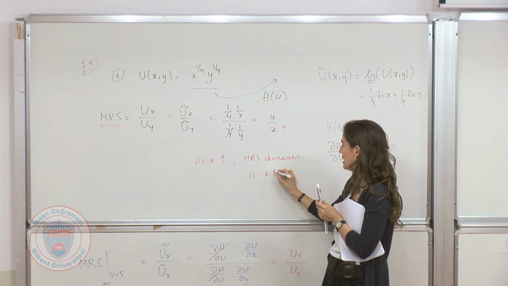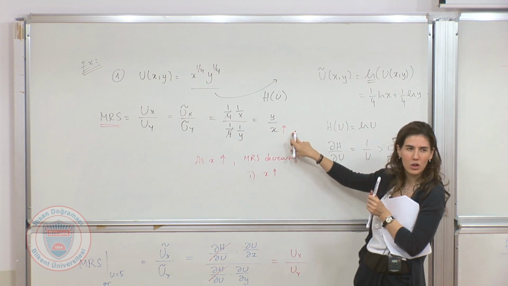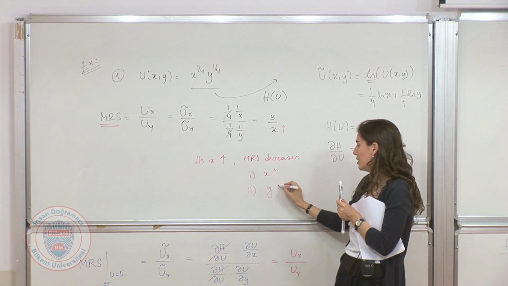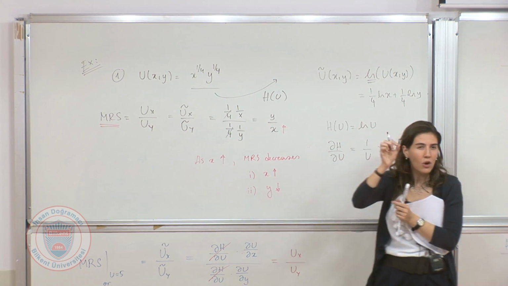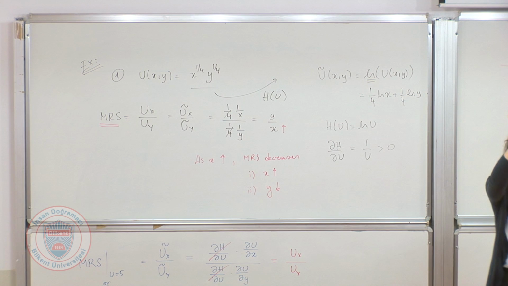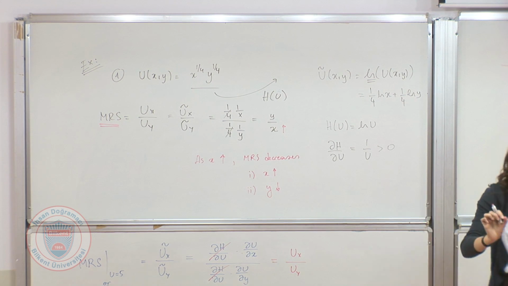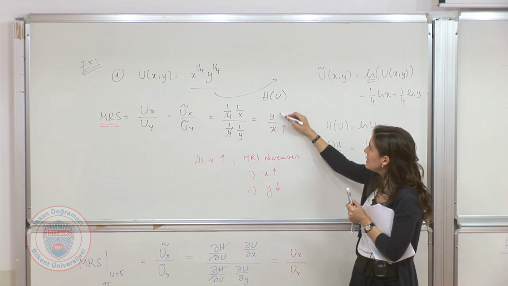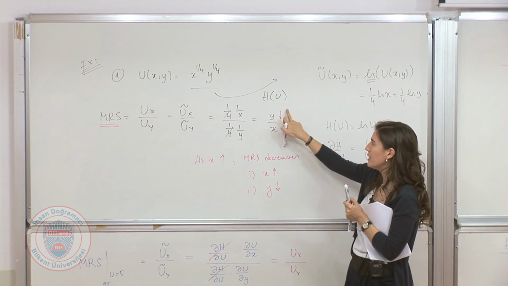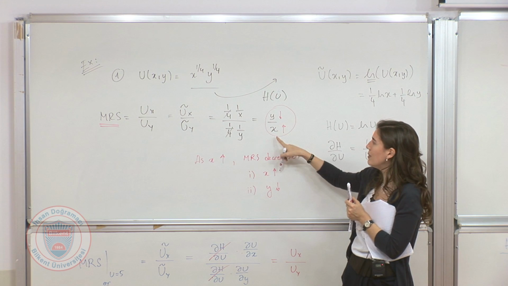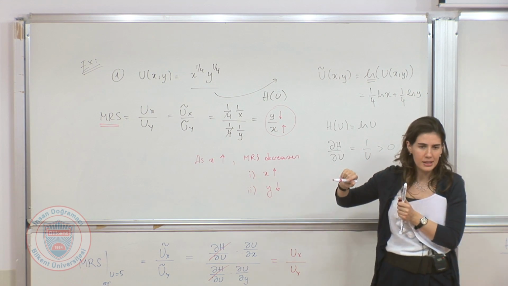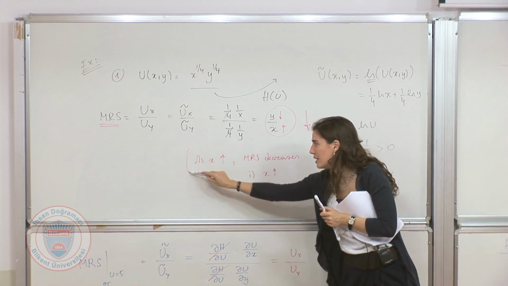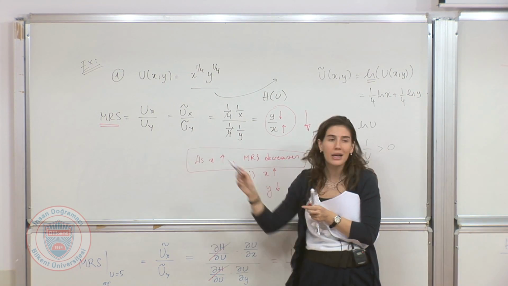Because x is increasing, the denominator is increasing, and the other reason is that y would be decreasing, okay? Don't forget that MRS is a concept where we keep utility the same. It's the slope of the indifference curve. So this is increasing, this is decreasing. Overall, what's happening? It is decreasing, right? So we can show that as x increases, MRS decreases.